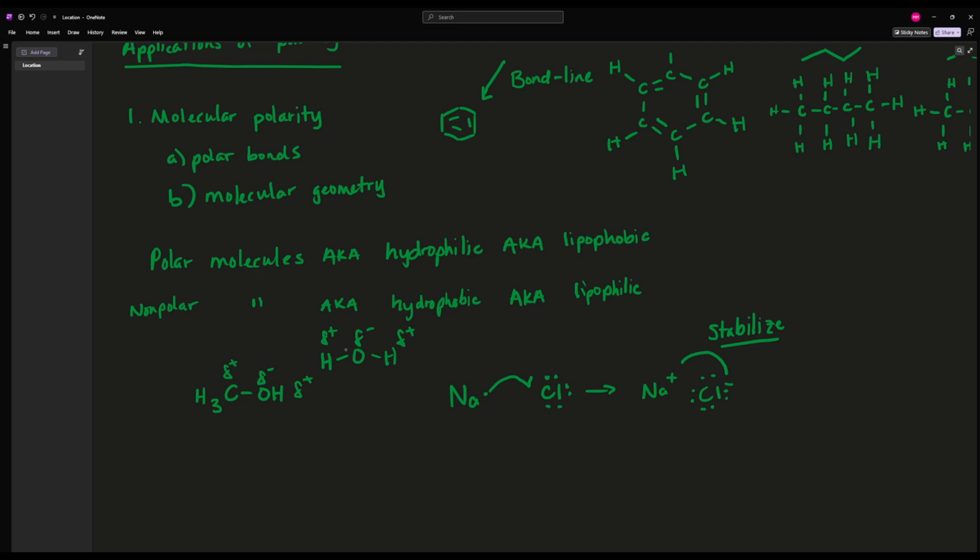So these guys can interact where this partial positive on the hydrogen is interacting with the partial negative on the oxygen, and the partial positive on this hydrogen is interacting with the partial negative on the oxygen. This is why polar molecules are hydrophilic. They love water and other polar molecules because they can form electrostatic interactions that are stabilizing.